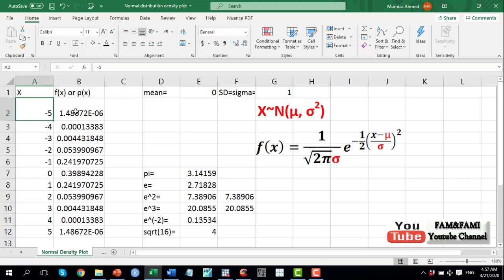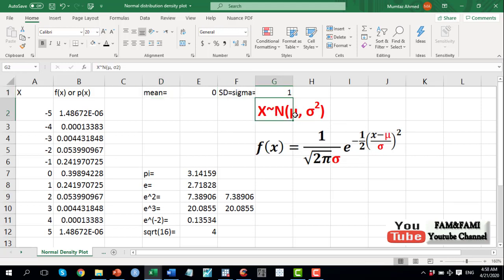When x is minus 5, the probability is this one, which is almost 0, and then when x is minus 4, this is 0.000133, and so on. So how to plot this density? The idea is very simple. We need to focus on these two parameters, mu and sigma square. So let's fix mu at 0 and sigma equal to 1.